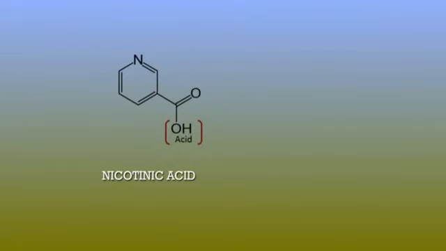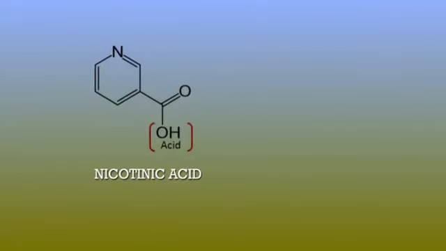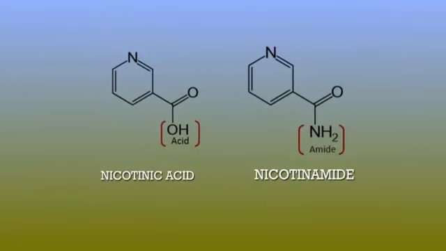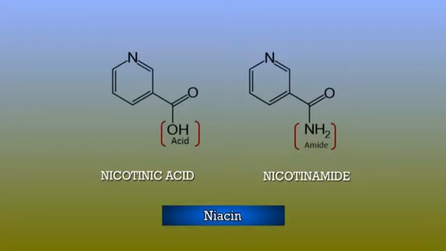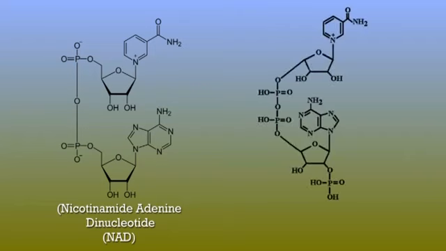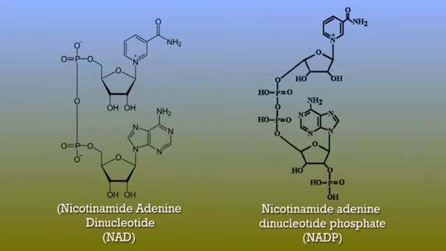The two forms, namely nicotinic acid and nicotinamide, are collectively called niacin. Nicotinamide forms a part of two very essential coenzymes, nicotinamide adenine dinucleotide, that is NAD, and nicotinamide adenine dinucleotide phosphate, that is NADP.